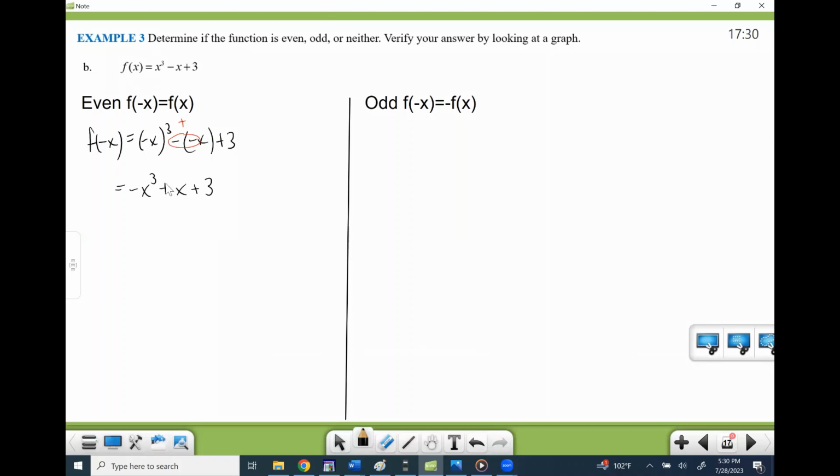It doesn't match the original, and it's not the opposite of the original.